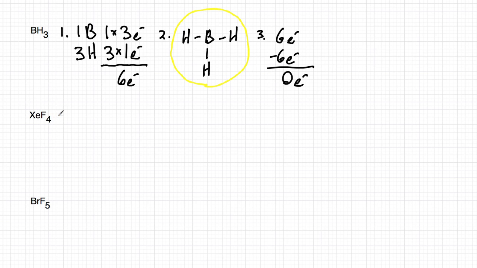Okay, the first one is xenon tetrafluoride, and our first step is to add up the electrons. So we've got 1 xenon, and you can already tell there's going to be trouble because xenon is an inert gas and really shouldn't be combining with anyone, but you know, with fluorine it can be made to do that.